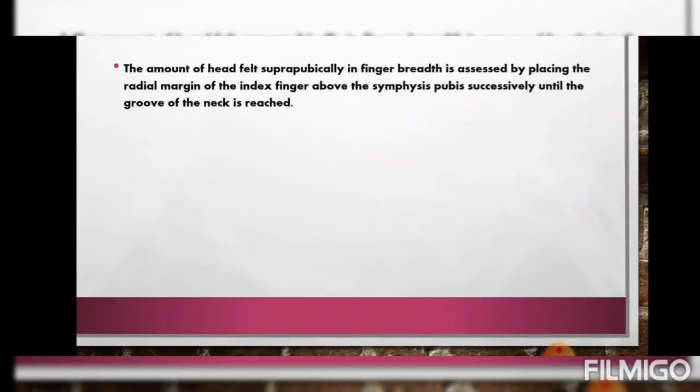Here you need to consider the amount of head which is felt suprapubically during abdominal examination in labor, to see how much the head has descended. The amount of head felt suprapubically in finger breadth is assessed by placing the radial margin of the index finger above the symphysis pubis successively until the groove of the neck is reached.